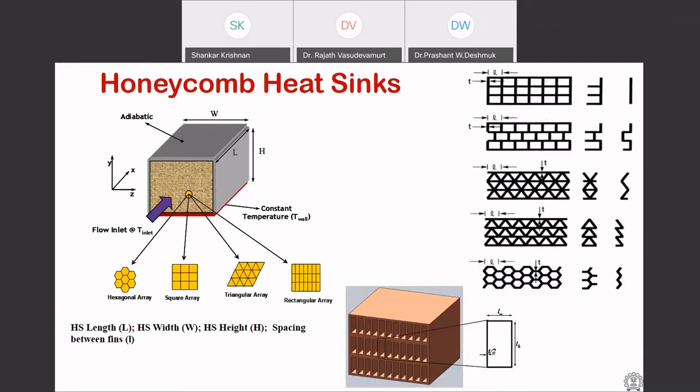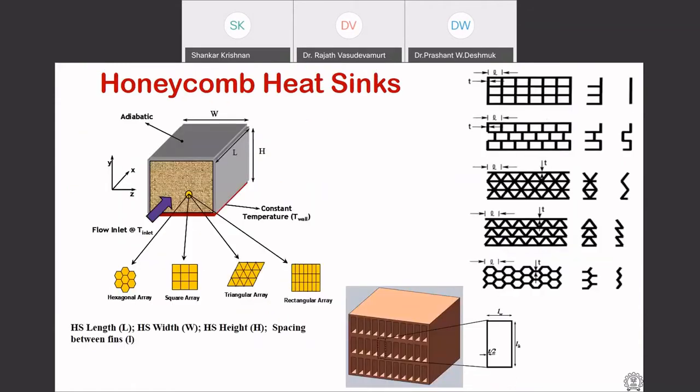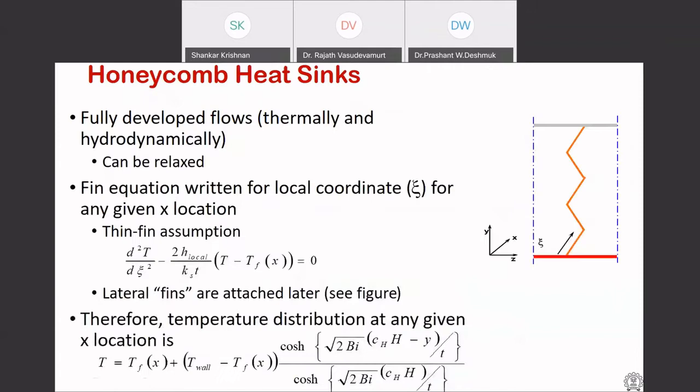What I'm showing next is a situation where we assume that the flow is fully developed through these ducts, and indeed most cases will see fully developed flow, because when you bring the flow and divide it into this many channels, each channel receives very little flow compared to a full bulk flow going through a parallel plate type heatsink. So it ends up being more fully developed flow going through these channels.